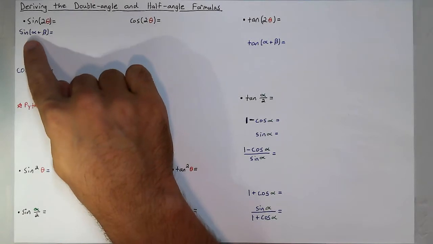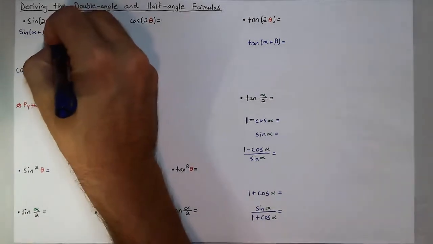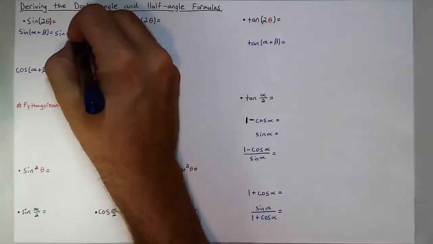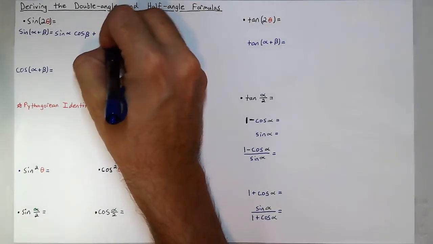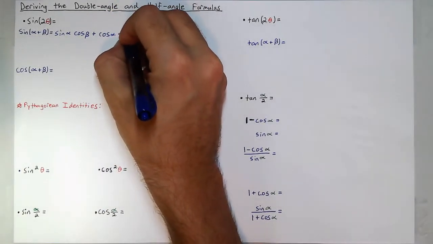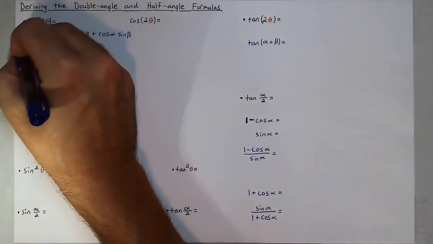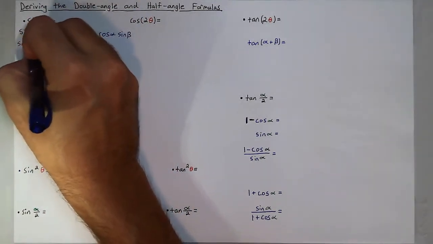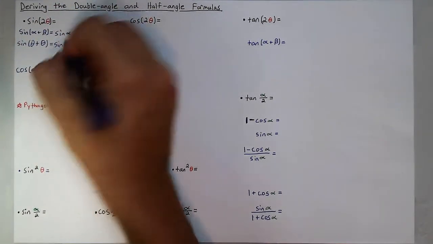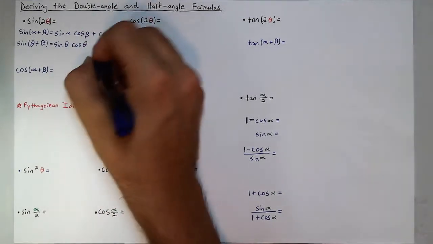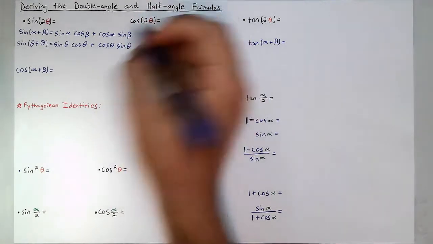The way we derive this is to take the sum formula for sine, which we know as sine of alpha cosine of beta plus cosine of alpha sine of beta. And instead of putting alpha plus beta, we'll put in sine of theta plus theta, giving us sine of theta cosine of theta plus cosine of theta sine of theta.